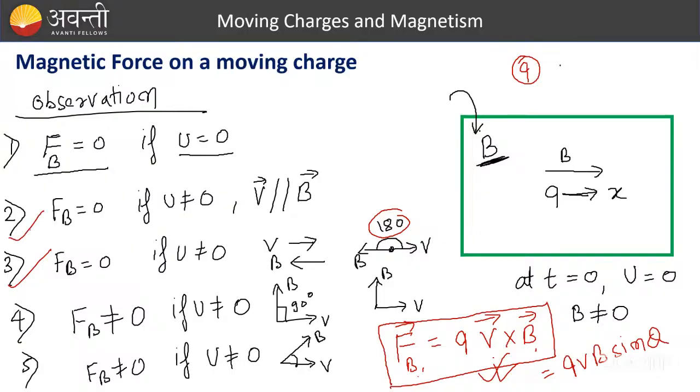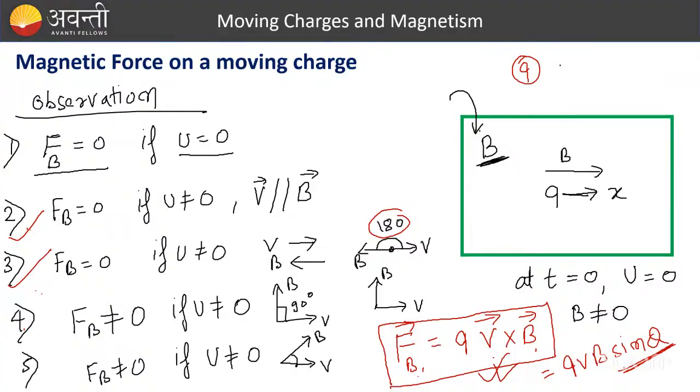From observations 2 and 3, we can see that when the angle is 0 and 180 degree, force is 0. So definitely it cannot be the dot product of velocity and magnetic field. Also we saw from observations 4 and 5 that the value of force acting is maximum when the angle is 90 degree, and you know that the maximum value of sine is 1 when theta is 90 degree.